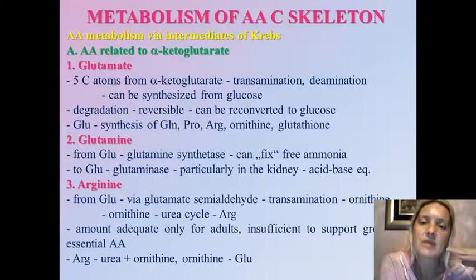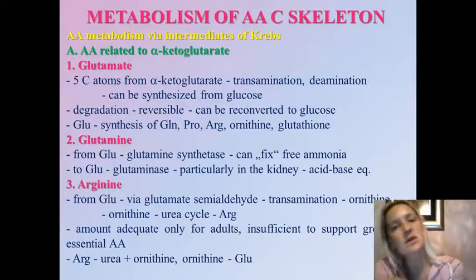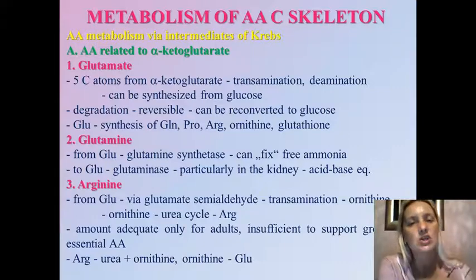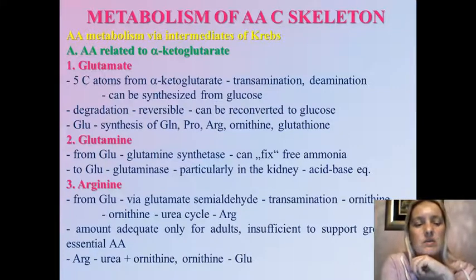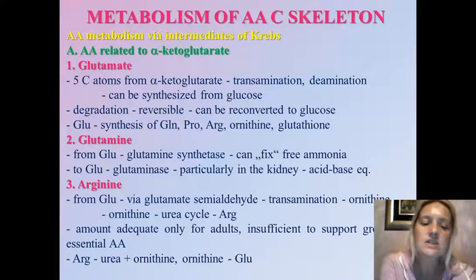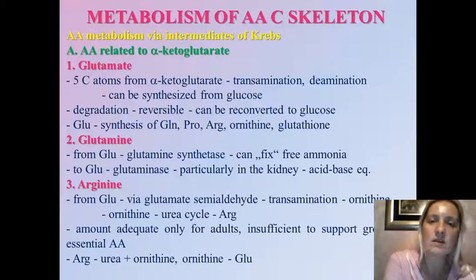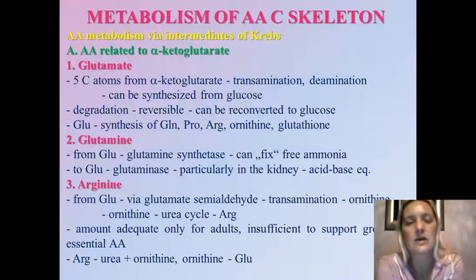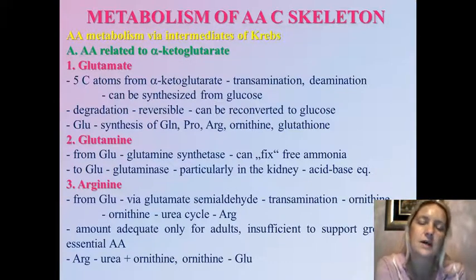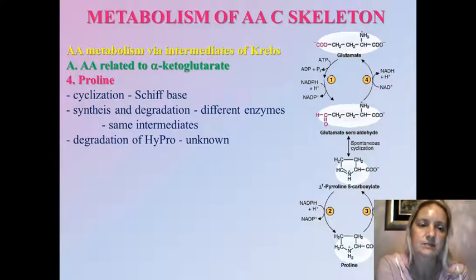So because of that, during the period of growth of the organism, arginine is considered to be an essential amino acid. Arginine is degraded in the urea cycle to urea and ornithine, and ornithine can catabolize to glutamate. So these are the pathways of arginine degradation.